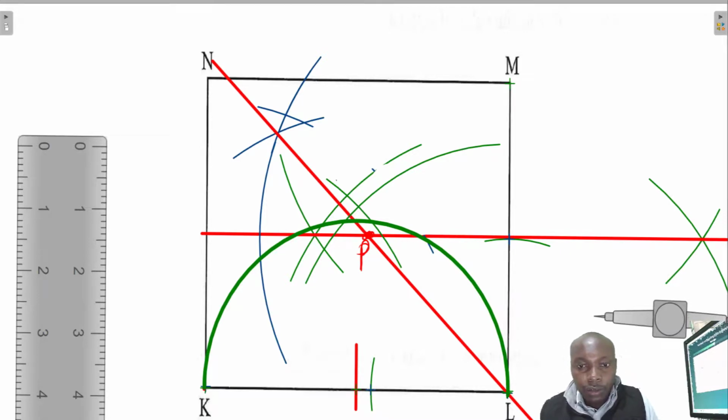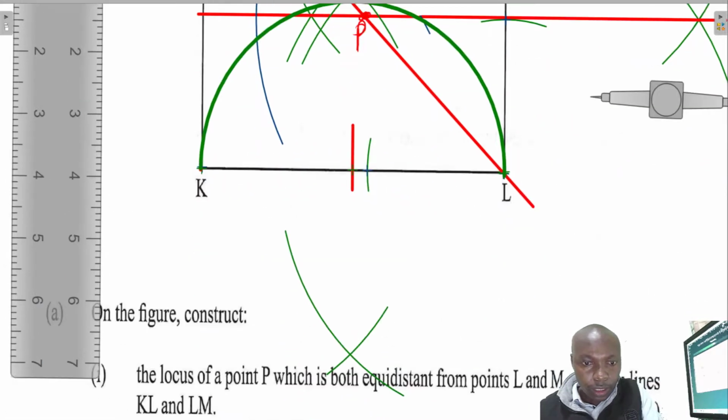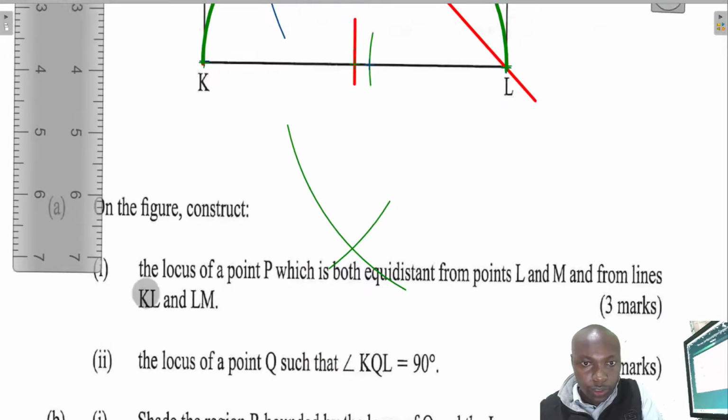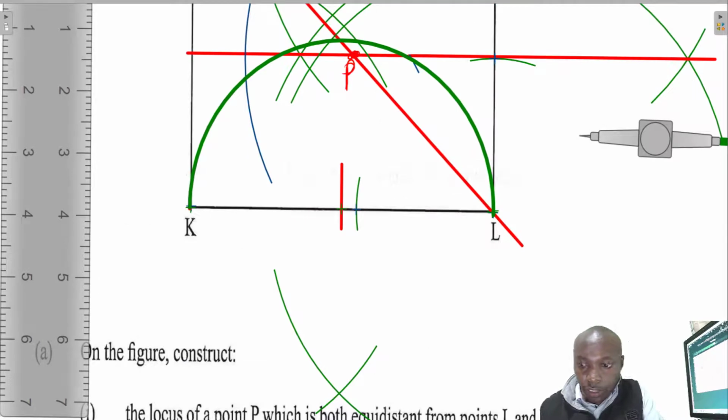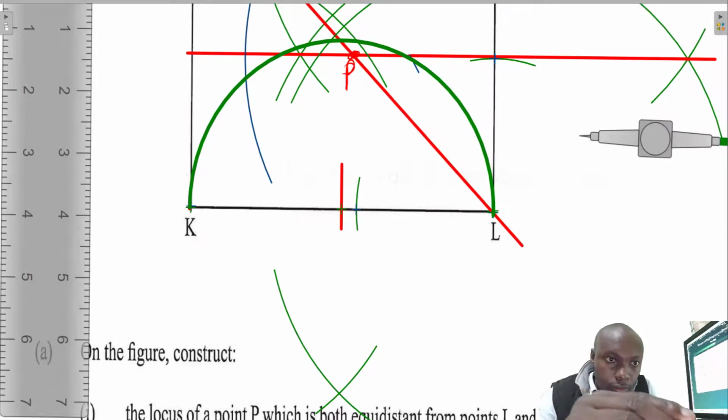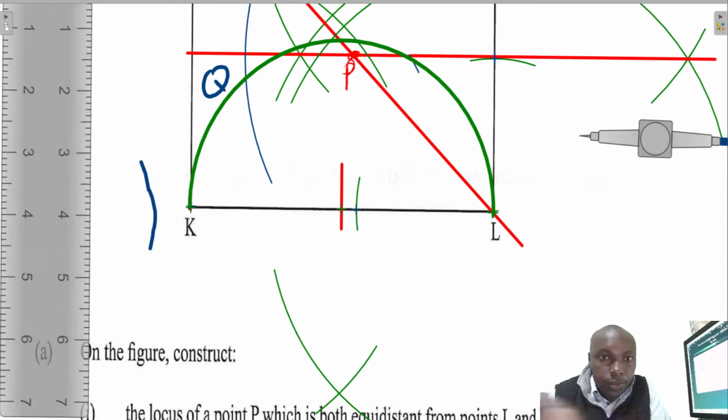Now, having done that, we are almost through. Q is therefore any point along this arc. Let me delete this.